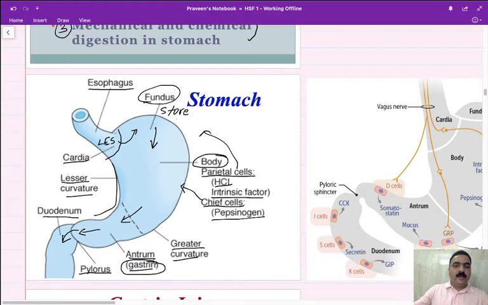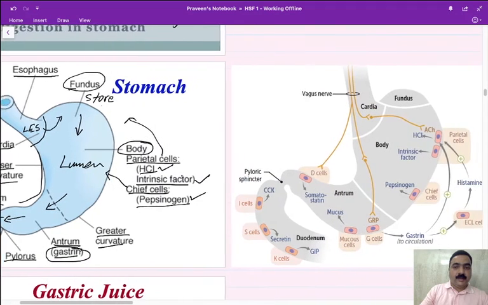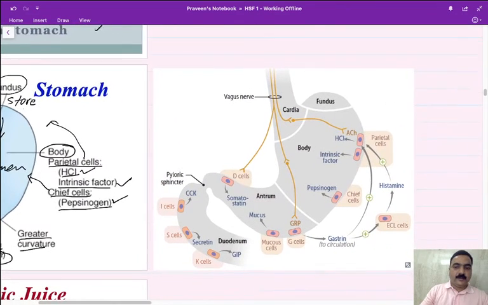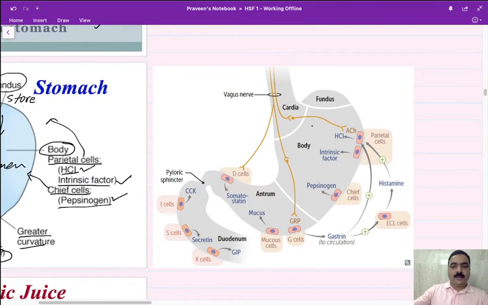The major secretions of the stomach include HCl, the intrinsic factor, and pepsinogen. These are the secretions that go into the lumen of the stomach, whereas many other substances secreted here are endocrine in action. The vagus nerve is the major regulator here.